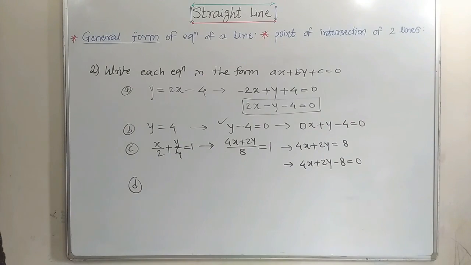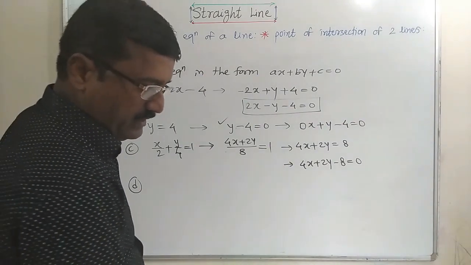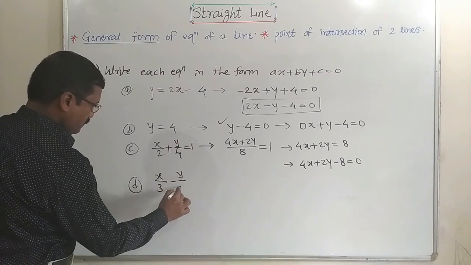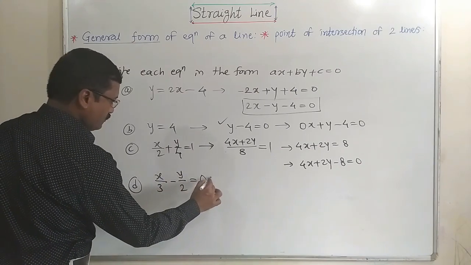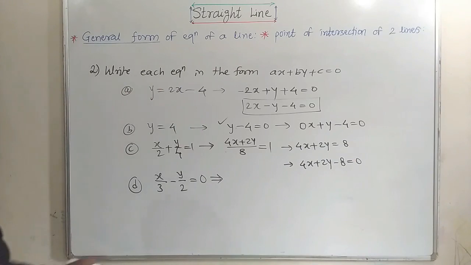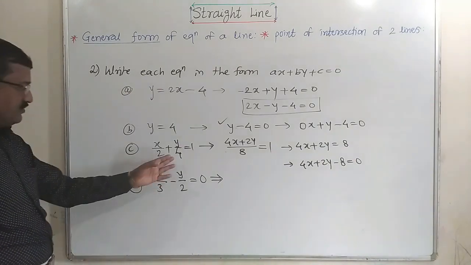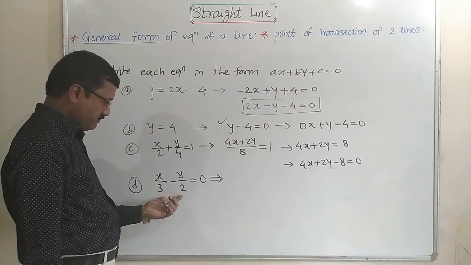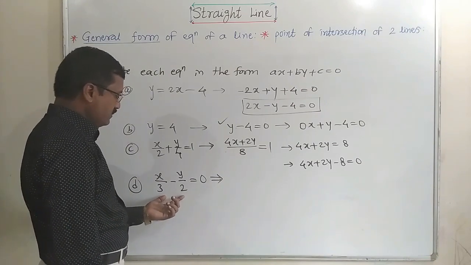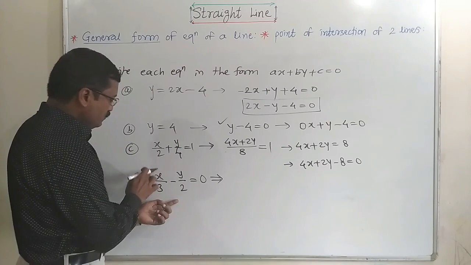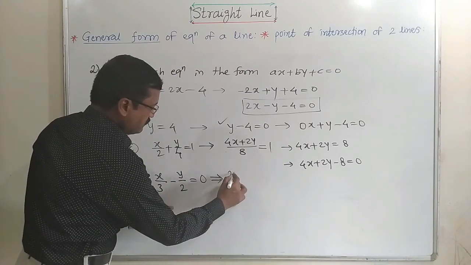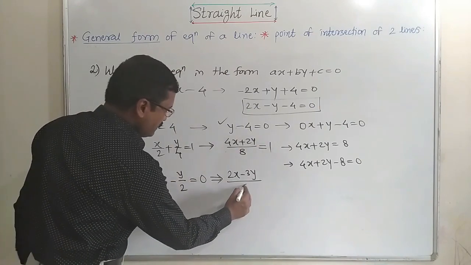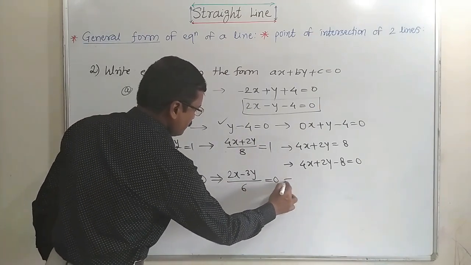Let us see one more here: x by 3 minus y by 2 equal to 0. In the same way, take the LCM of these two numbers, making the denominators equal, we get 2x minus 3y upon 3 into 2, that is 6, equal to 0.